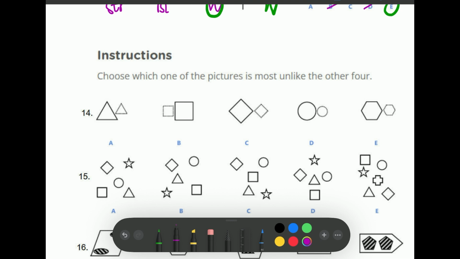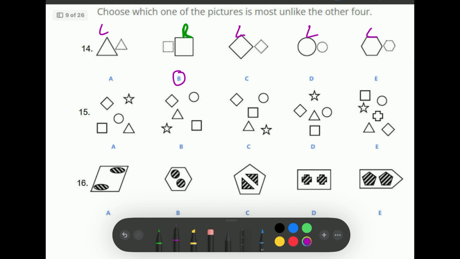So this is just the odd one out questions, but it's just worded differently. So the odd one out here is B, because as you can see, for all the rest, the bigger shape and the one with the straight edges, not dashed edges, is always on the left. Whereas here it's on the right. So B is the odd one out.